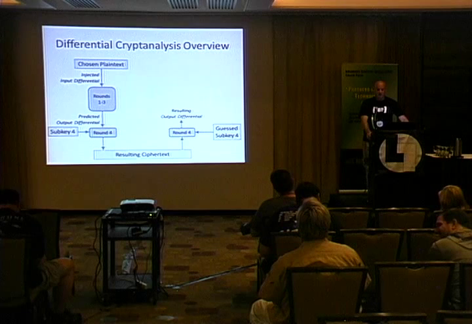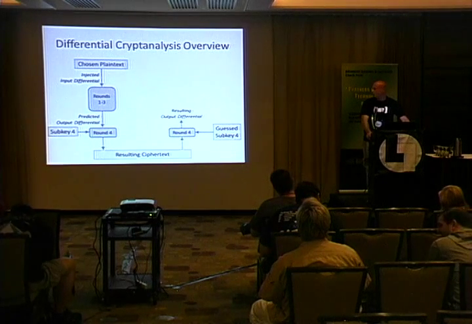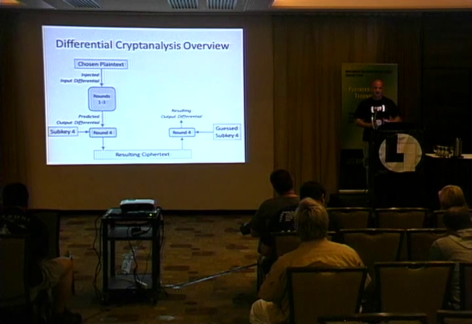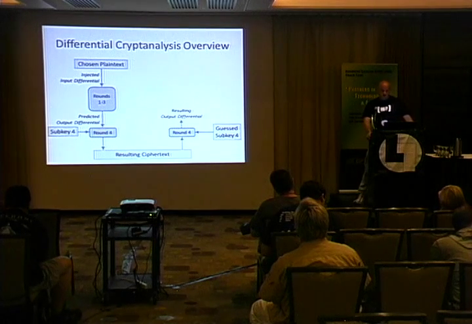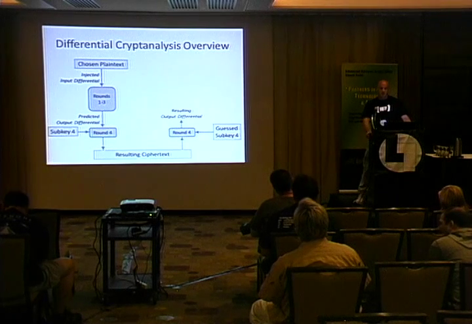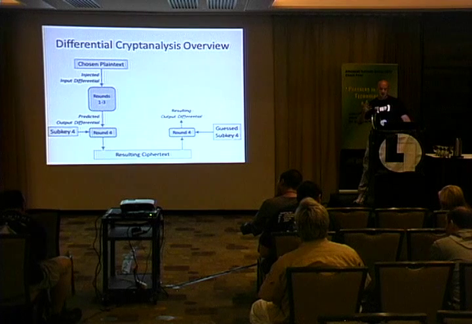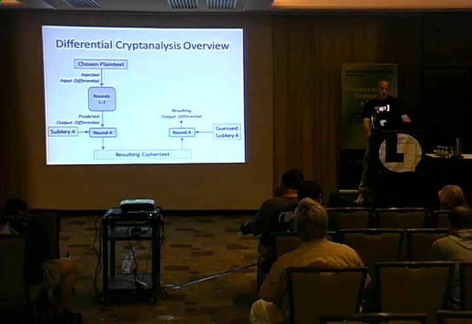This is the overview of how the attack works. Don't worry if you don't understand it right now, but this is to give you a context, because we're about to dig way deep into the nuts and bolts and the guts of this stuff. This is just the overview. We're going to choose some plaintext that has a particular trait called a differential. We're going to send it into the box. We're going to get the resulting ciphertext out at the bottom.